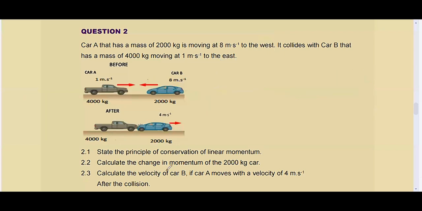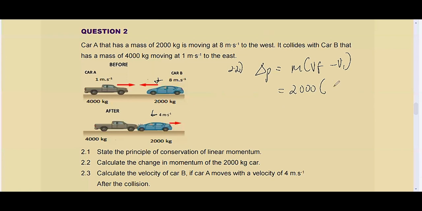Then 2.2 says calculate the change in momentum of the 2,000 kg car. So the 2,000 kg car is the blue one here. So we just go 2.2, that's change in P is equal to m(VF minus VI). What is our mass? We have 2,000.